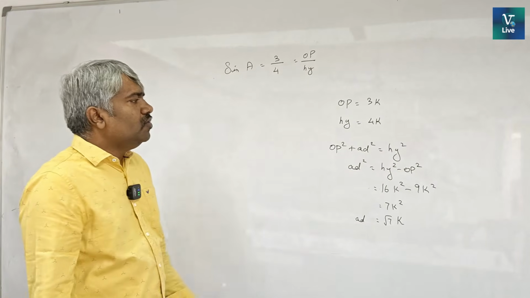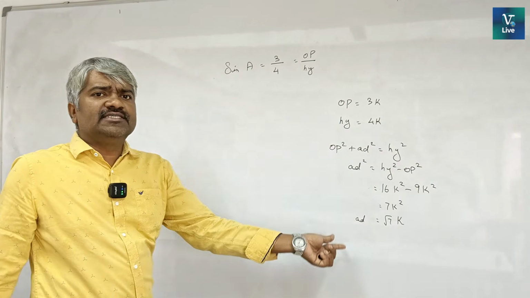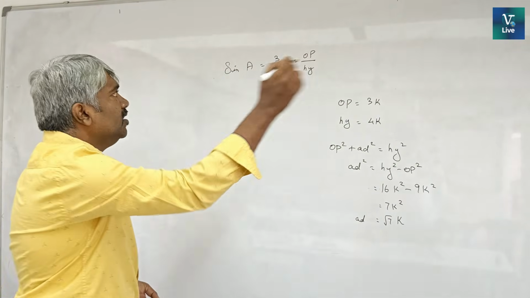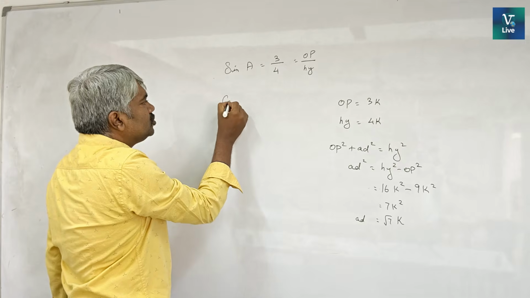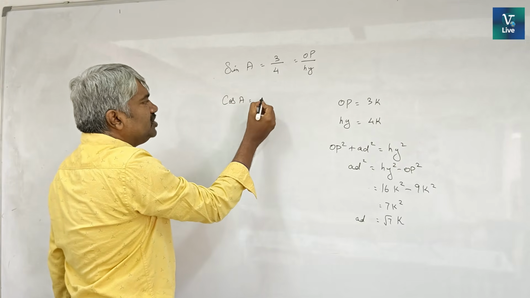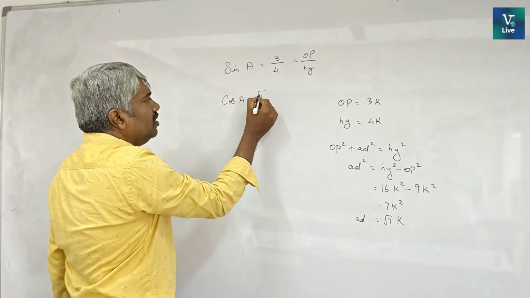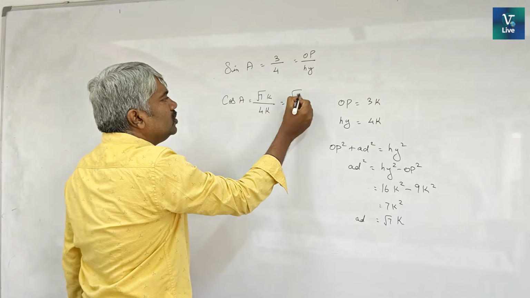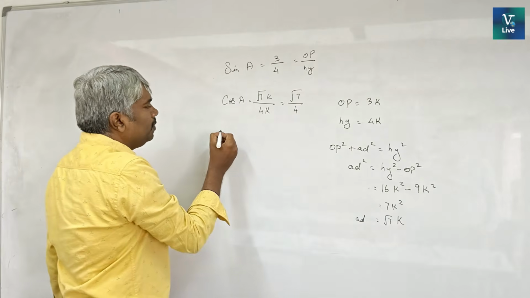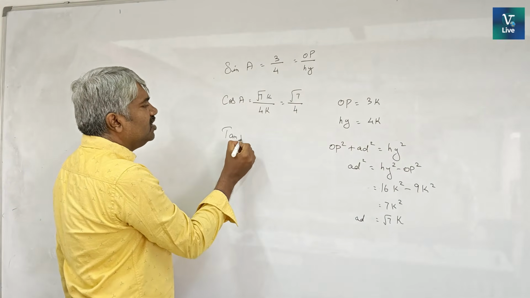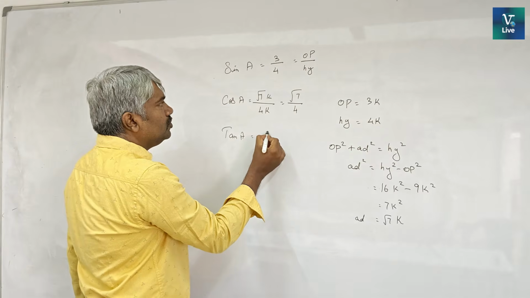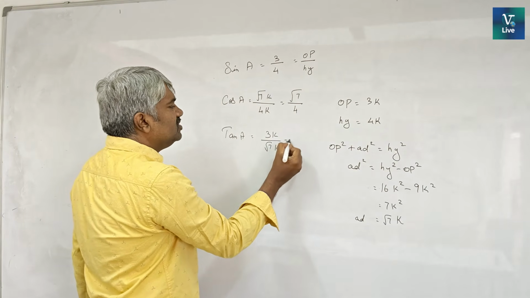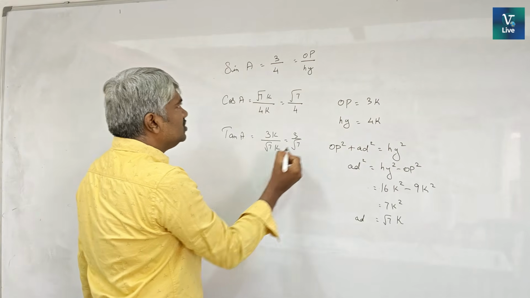Now, we know the values of opposite, adjacent and hypotenuse. Now we can find all the trigonometric ratios. Cos A formula is adjacent by hypotenuse, which is root 7 by 4. Next is tan A. Tan A equals opposite side by adjacent side, which is 3 by root 7.